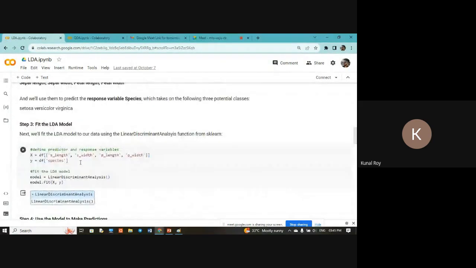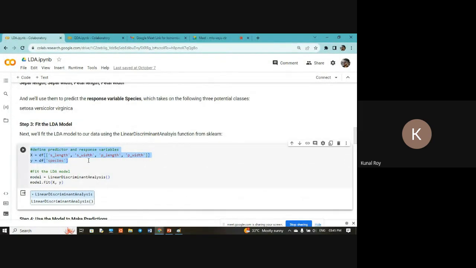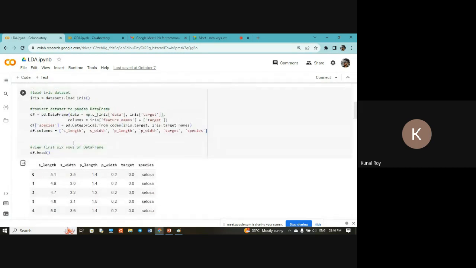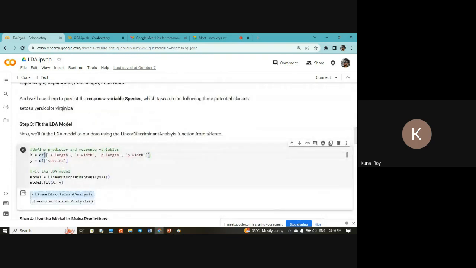I have taken these independent variables from the data. What is df? This df is the data frame which I am taking. So this df has some independent variables, and this df has some dependent variables. Now I want to fit this into the model, or create an LDA model. So I have taken a variable named model, and I have directly written linear discriminant analysis.